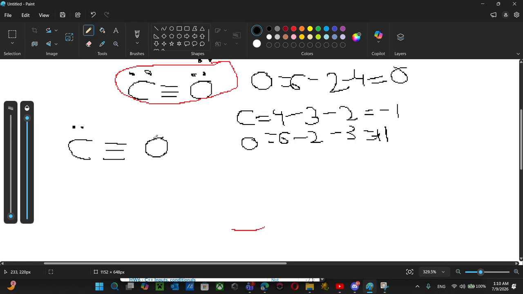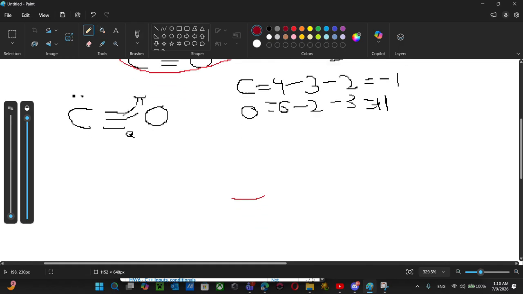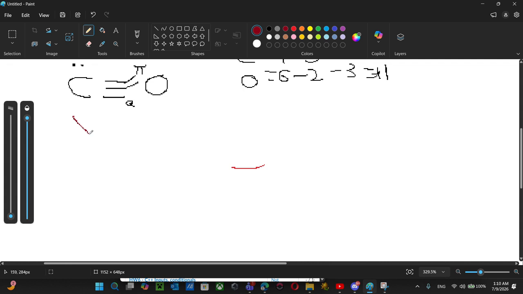So on a single bond we have sigma orbitals. Yes, I think it's called sigma orbitals. And on double bonds we get pi orbitals because they're on the top. So how will this look on a proper Lewis structure? It will be something like this.